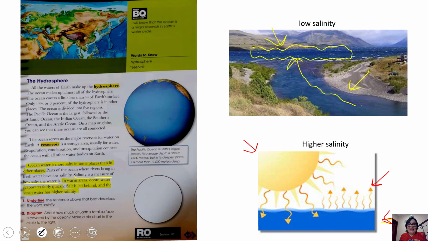And what happens with the salt? Do you think that water that evaporates goes with the salt? No, right? The salt is left in the water in the ocean. So that's why in those parts of the ocean, the water is going to have a higher salinity.